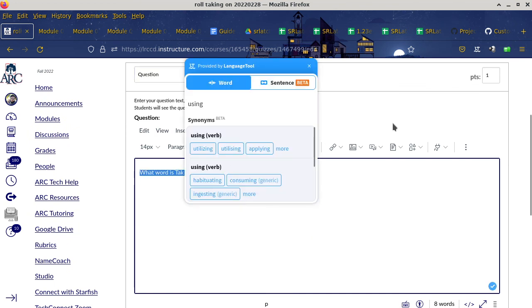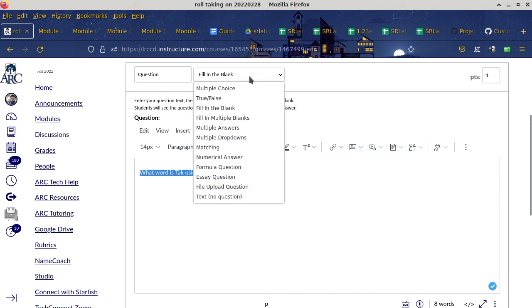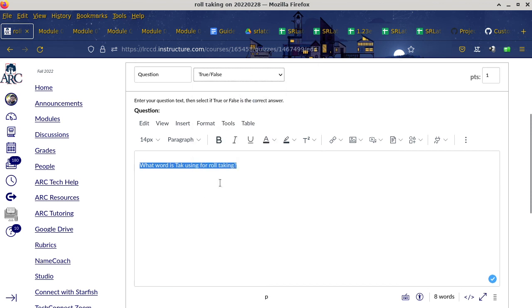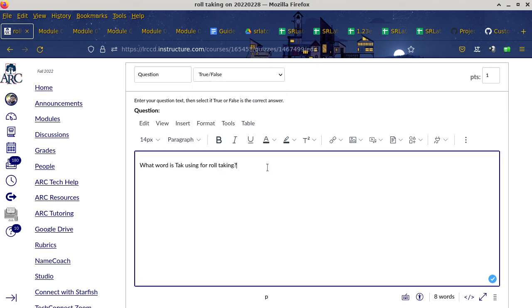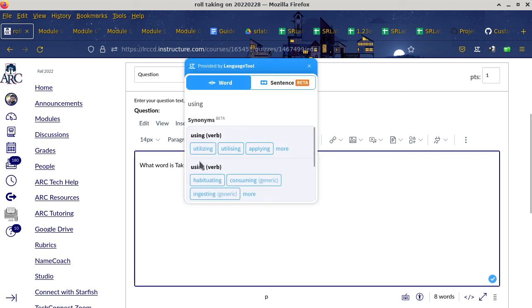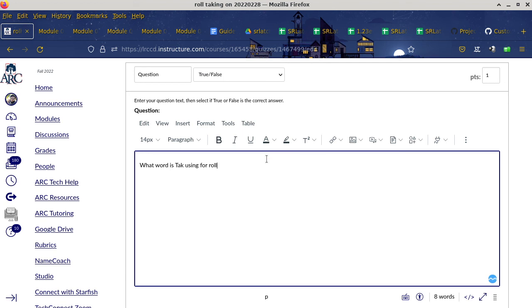Okay. Oh, this is great. By the way, I use a language tool as a plugin, and it helps me fix all kinds of problems. So let me do that again here. Oh, okay, it actually checks out everything. So when I select the word, it would tell me more about the word, which is helpful. But if I use bad grammar, let me show you what bad grammar is in this case.